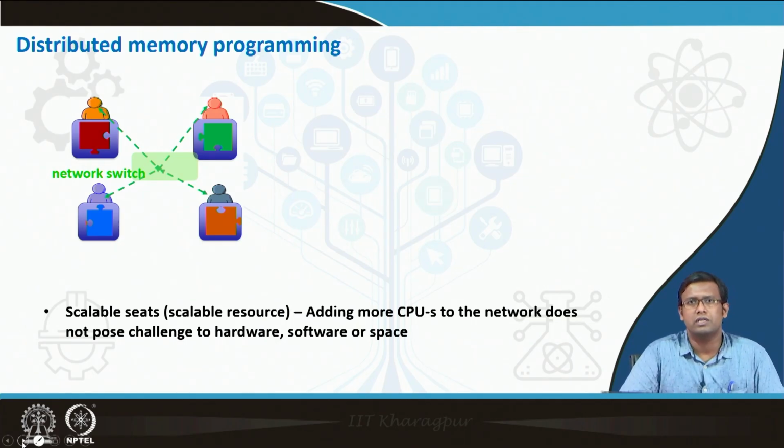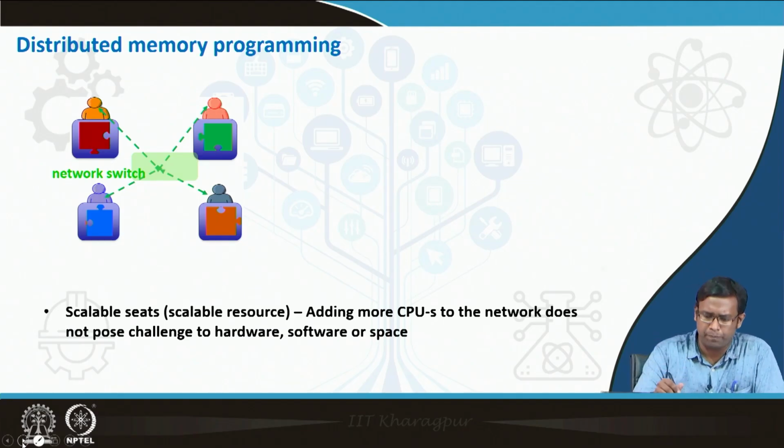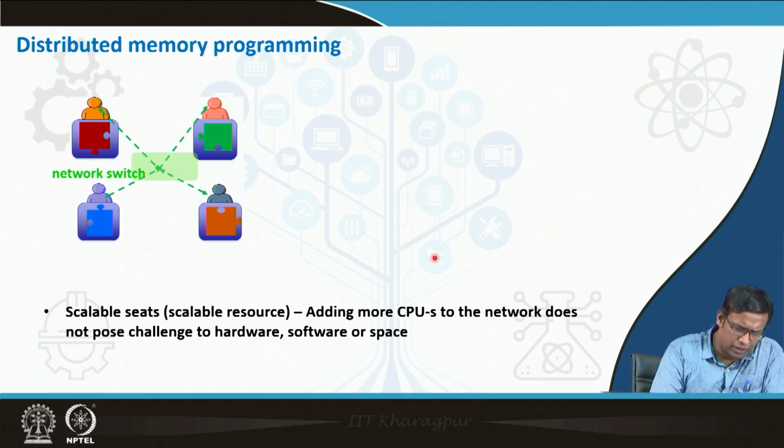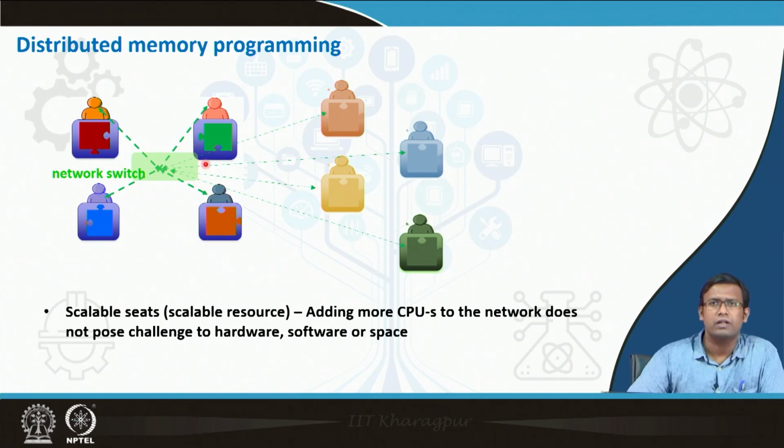So it's not restricted by hardware, software, or space or heat transfer issues, because you are connecting many computers, and they may not be physically located in the same space because they are connected by a network switch. You can even use the internet to connect them. So you can bring in further computers, each with their own RAM.